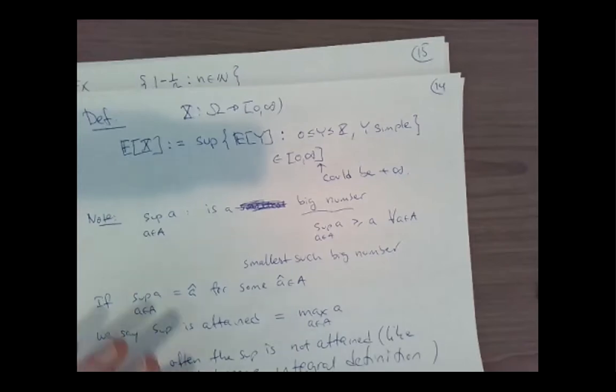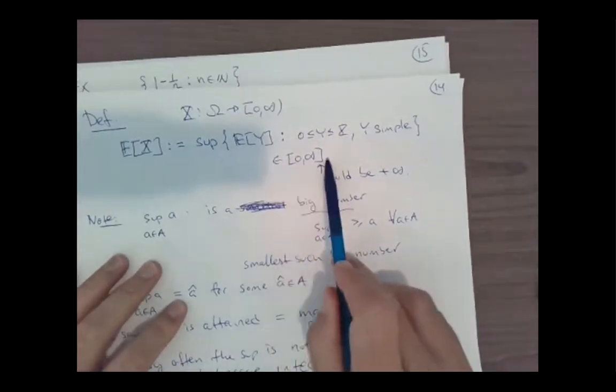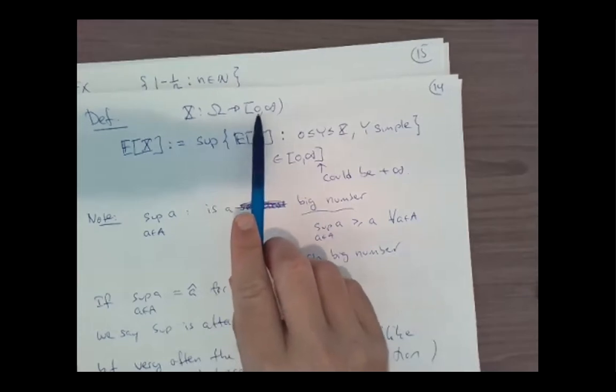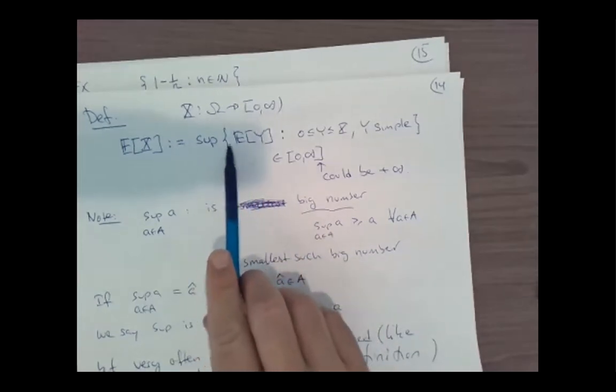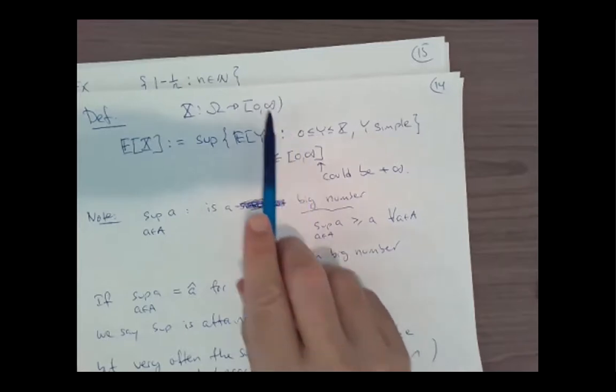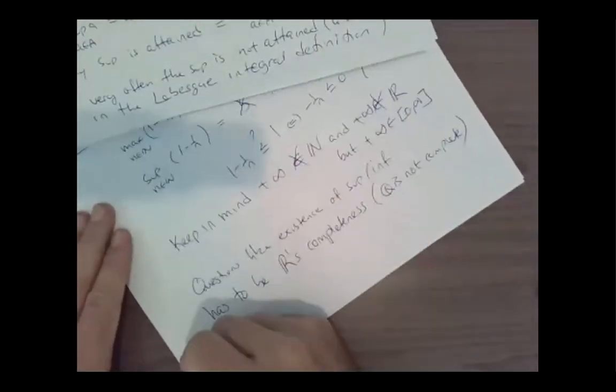When you're working with number systems like this one, they do exist. The price you have to pay is that you cannot be guaranteed that the supremum is an element in the same set over which you're taking it. So you can get outside the set.